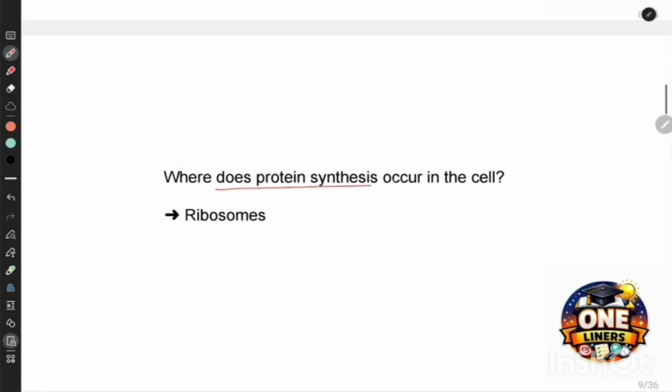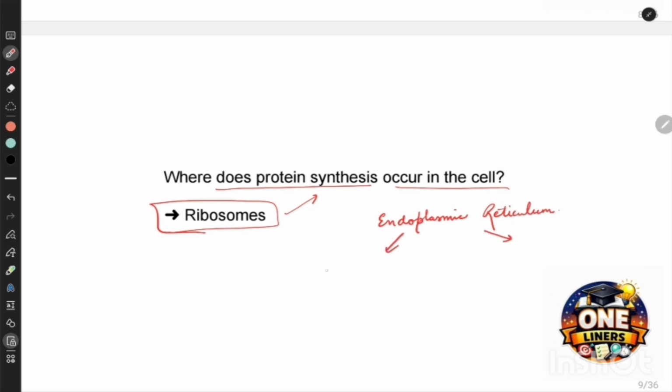Where does protein synthesis occur in the cell? So ribosomes are responsible for protein synthesis. Okay. Endoplasmic reticulum is an organelle which is of two types. Smooth endoplasmic reticulum and rough endoplasmic reticulum. So on rough endoplasmic reticulum, ribosomes are present.